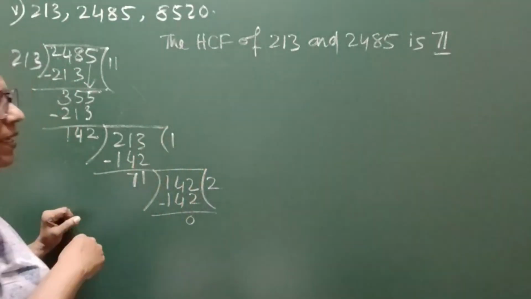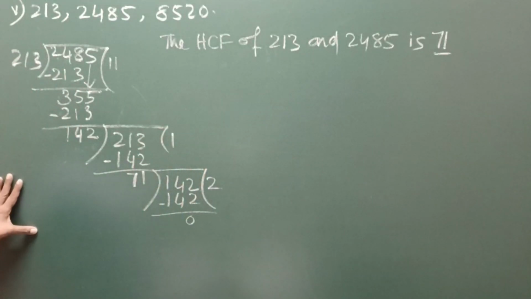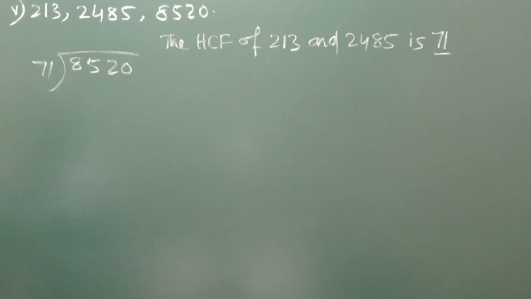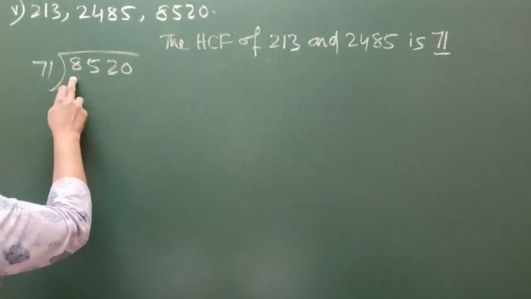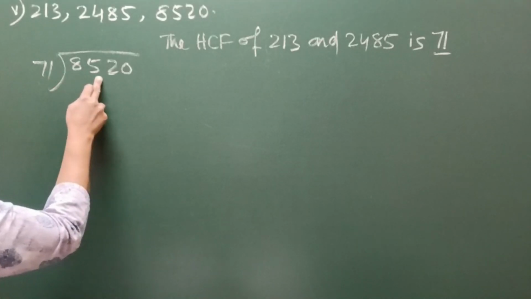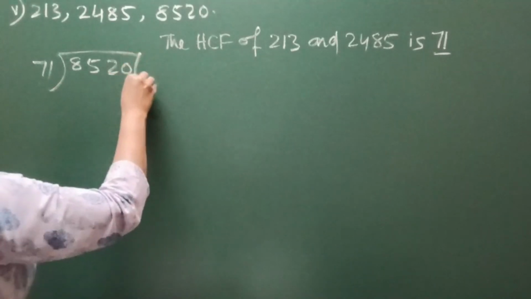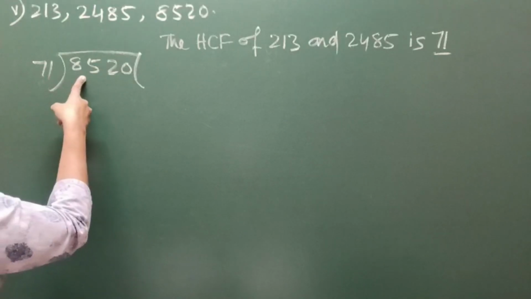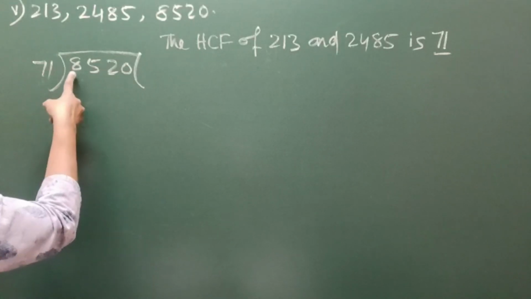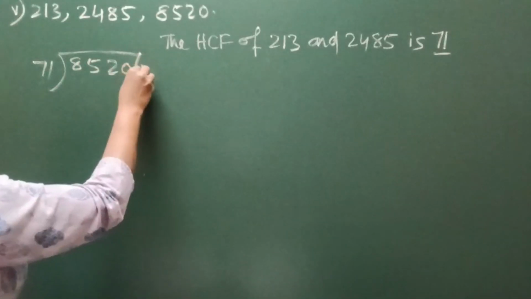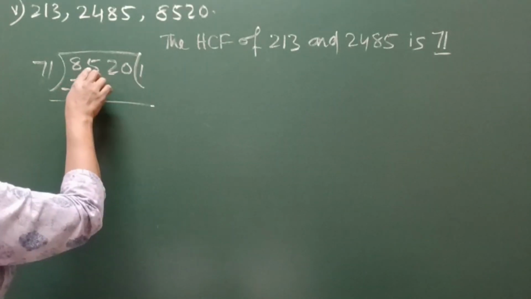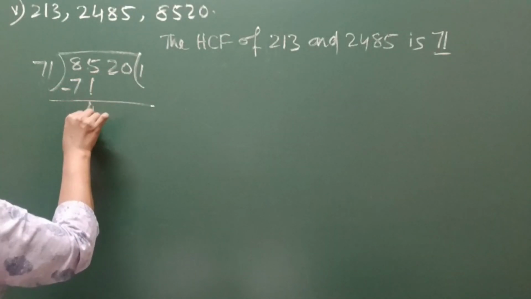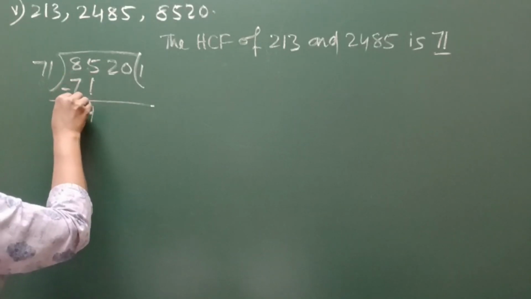8520 divided by 71. Here it is 71. We will take these 2 digits, that is 85. Okay. 71, 85. 7, 8. Only 1 time. 71. 5 minus 1 is equal to 4. 8 minus 7 is equal to 1.